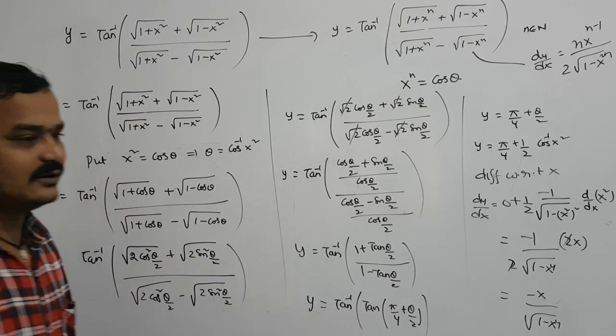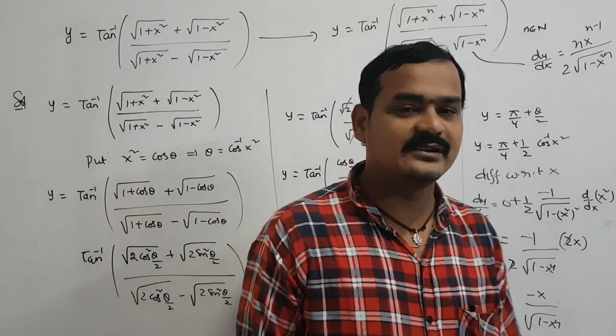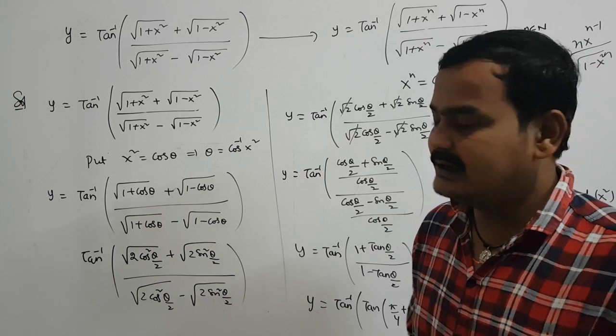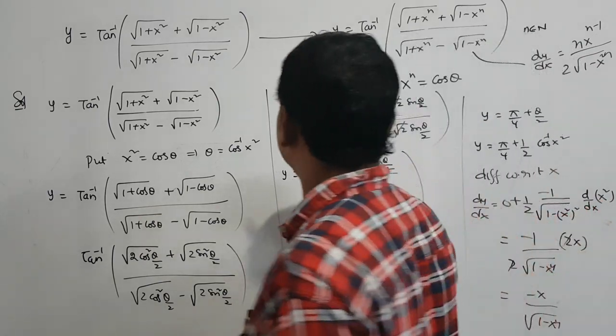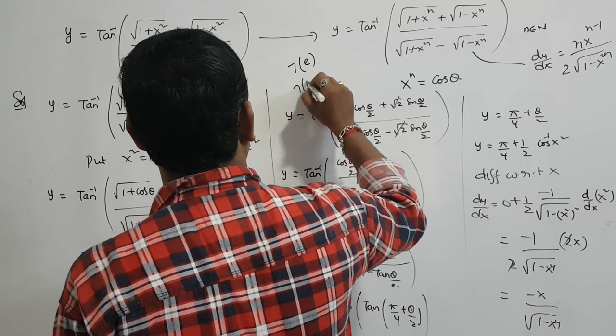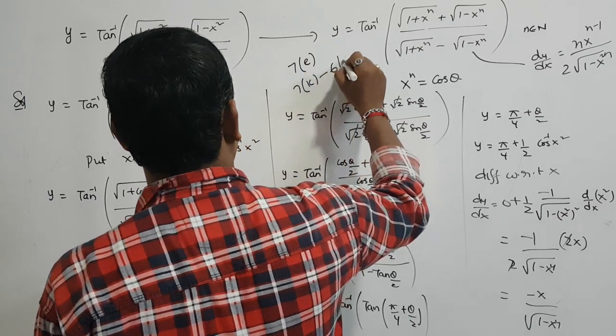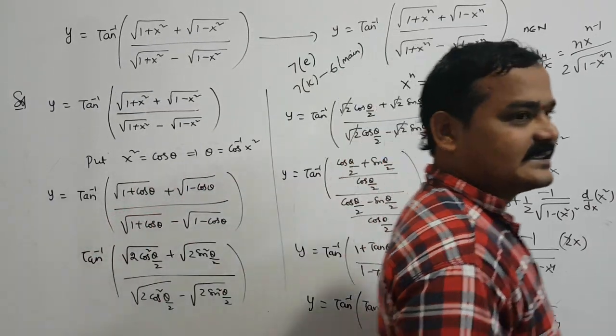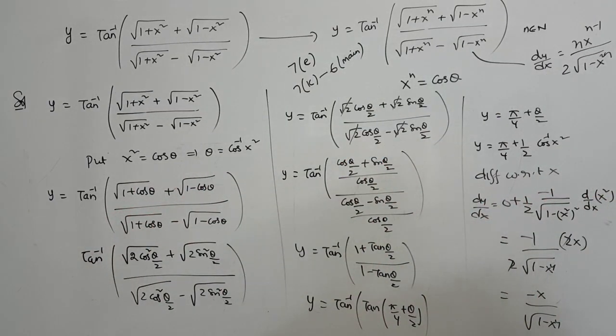So these are the questions related to the substitution method and simplification method. Your homework is 7E exercise and 7K exercise 6th main.